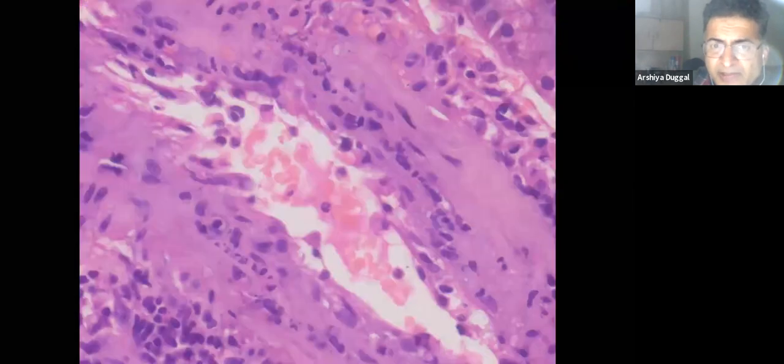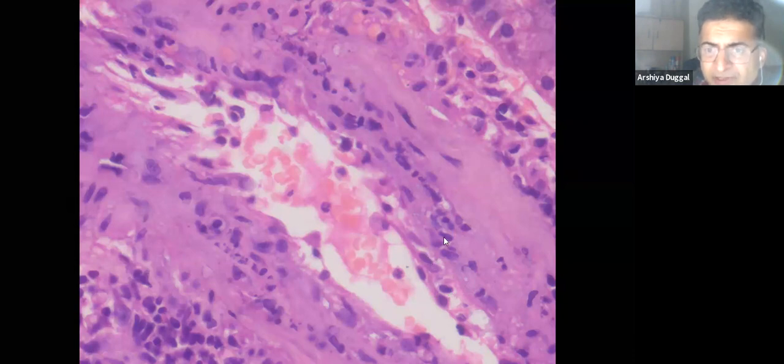In addition to that, the interstitial blood vessels may show transmural arteritis. This is a vessel showing neutrophilic and lymphocytic infiltrate, which is causing destruction of the vessel wall. This is called transmural arteritis, or in other words, a severe kind of vascular rejection. What you see here are the endothelial cells, and there are lymphocytes beneath these endothelial cells.